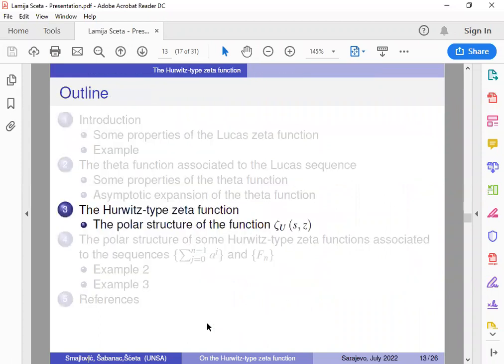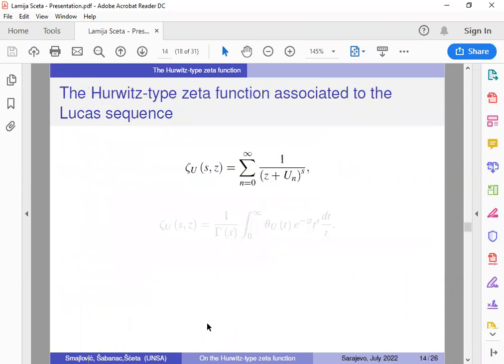And in the third part of this presentation, I'll talk about the polar structure of the Hurwitz-type zeta function associated to the Lucas sequence of the first kind. When we talk about the Hurwitz-type zeta function, it's defined as this sum, and it can be written using the Laplace-Mellin transformation applied to the theta function.